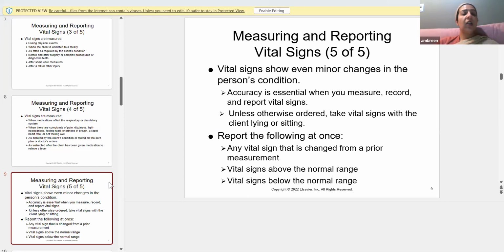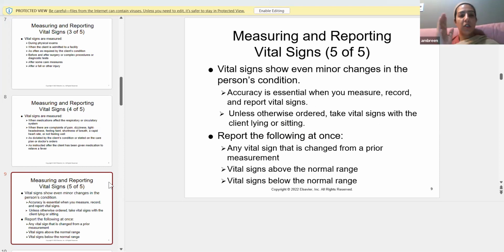When we talk about vital signs, sometimes your nurse will say, you know what, can you assist me? I need to take ortho vital signs. Ortho vital signs mean the nurse will let the client lie down in the bed. She'll take a reading because this person is at rest. Then she will bring that person sitting up.